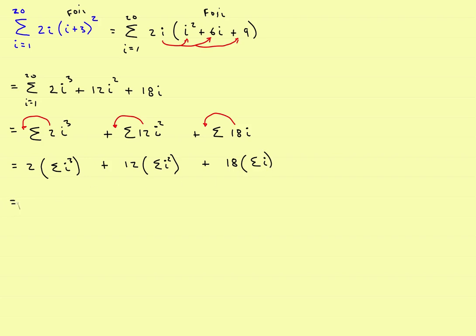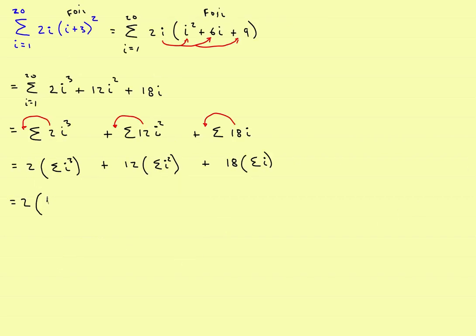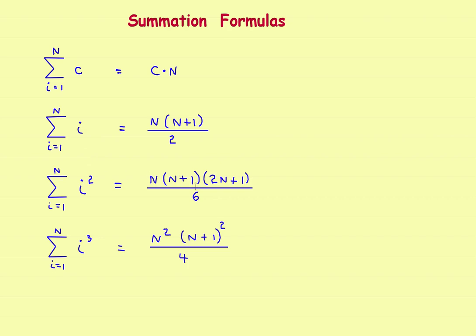The next thing, go and change each one back into the formula. So this would be 2 times, and again look for the I cubed formula. Well, the I cubed formula is n squared times n plus 1 squared divided by 4. So we'll make this n squared times n plus 1 squared divided by 4. Then plus 12, and change this one into its formula. The formula for I squared is n times n plus 1 times 2n plus 1 divided by 6.